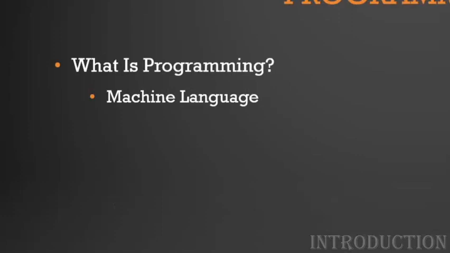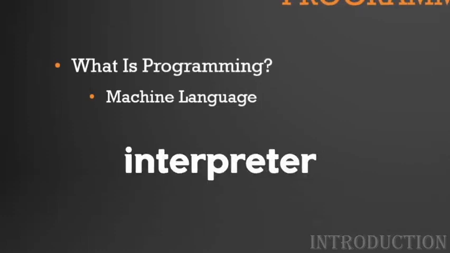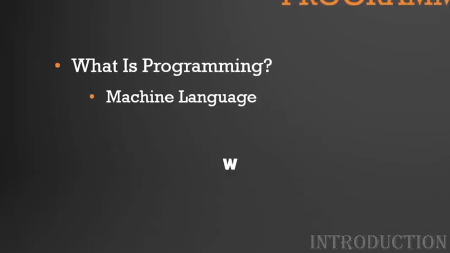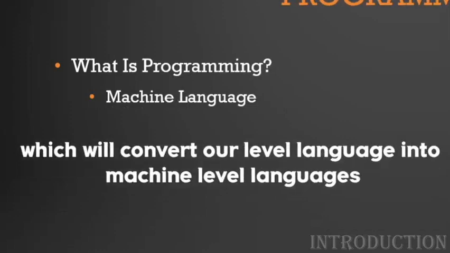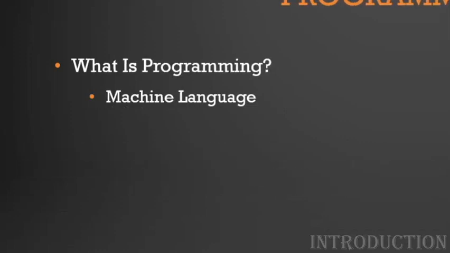Basically, this is the language of the machines, so only machines will understand these kinds of programs. We have something known as an interpreter or a compiler, which will convert our programming languages into machine level languages.